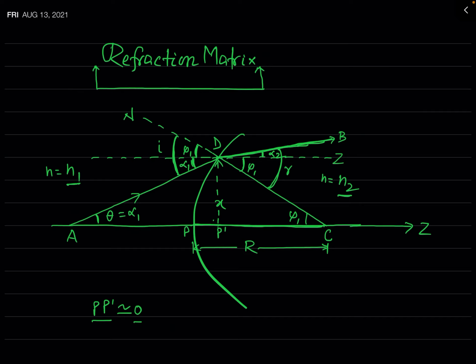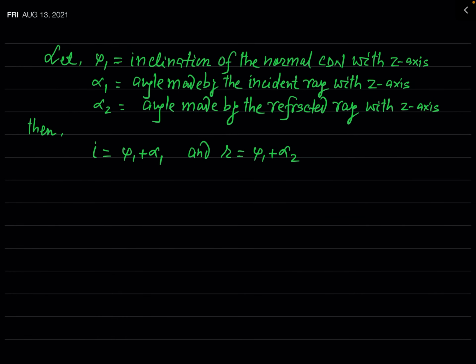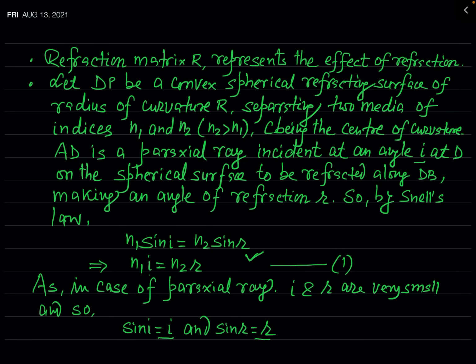But now see the geometry of the figure. This I is simply equal to phi 1 plus alpha 1, and R, you can see, is equal to alpha 2 plus phi 1. So in this equation you can replace I and R by these. So after this substitution, what will be your equation 1?